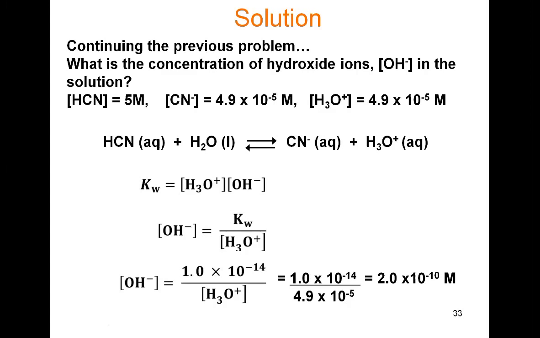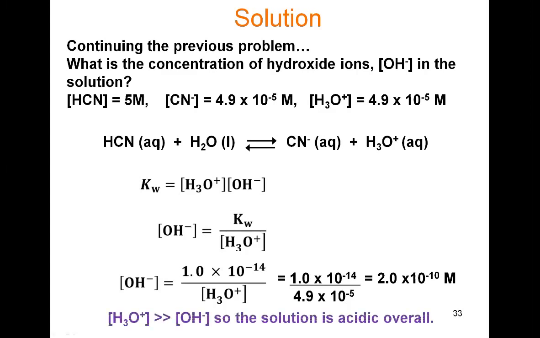So again, we have more H3O plus ions than OH minus ions. And because of that, it's going to be acidic, right? When your hydronium ion concentration is larger than your hydroxide ion concentration, it's an acidic solution.